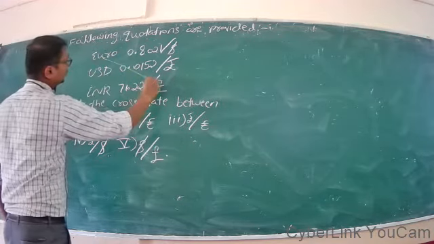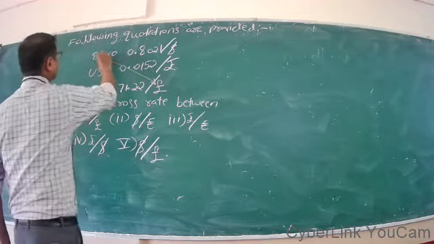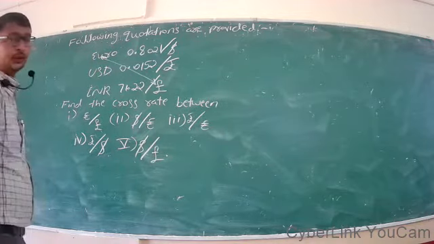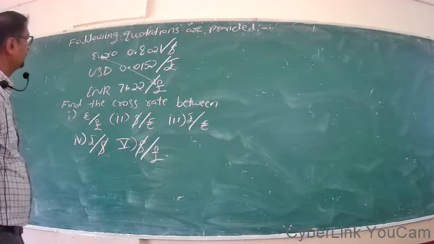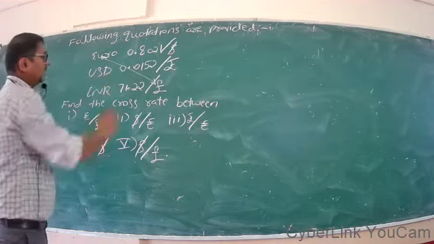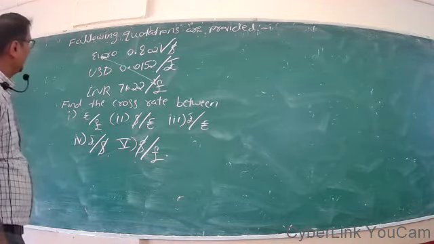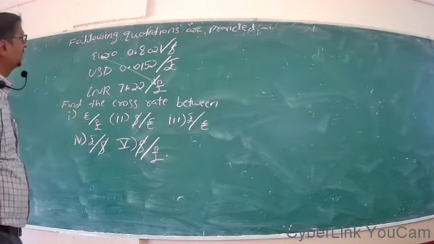euro to sterling pound. We need to establish the relationship between these two. But euro per dollar is given, dollar per rupee is given, and rupee per sterling pound is given.